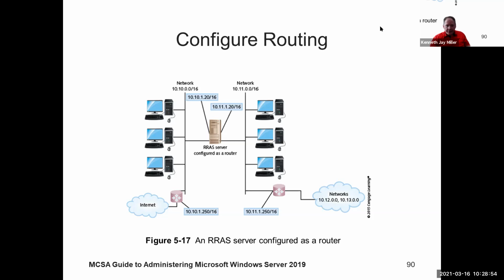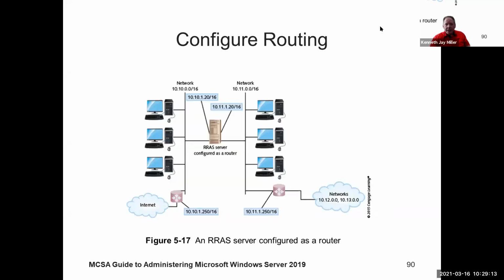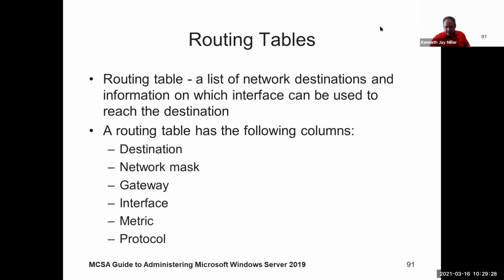So any traffic that comes in on 10.10.0 anything and wants to get to 10.11 anything, the dynamic routing protocol, which is RIP version 2, is going to say, if you want to get from this network to this network, you have to go through the router internally. Traffic on this card is going to go over to this card, and it will send it across, or route it.